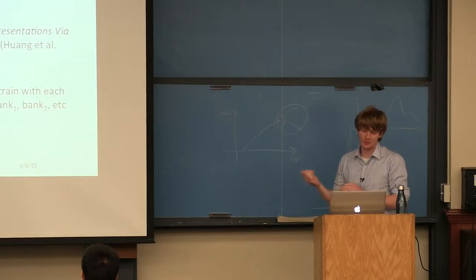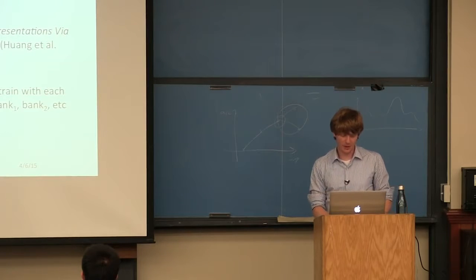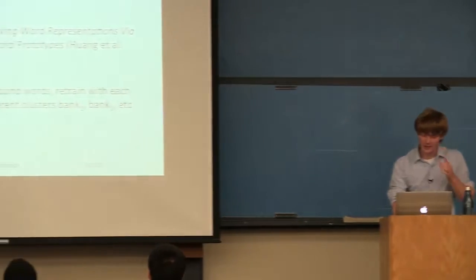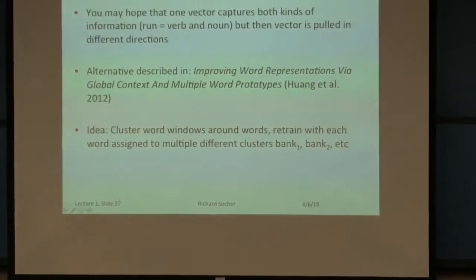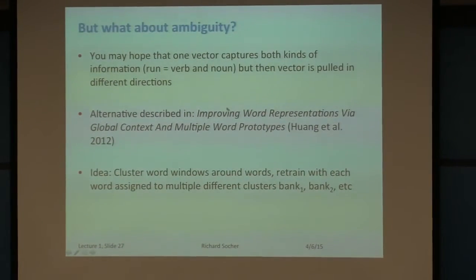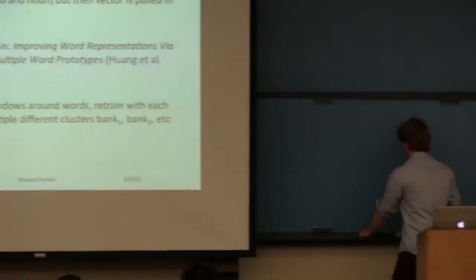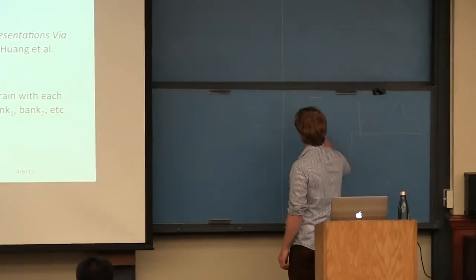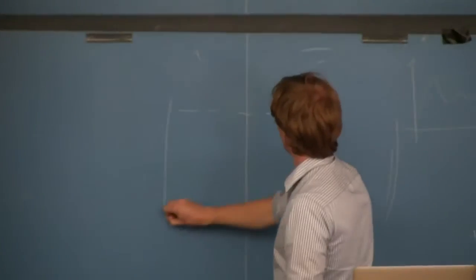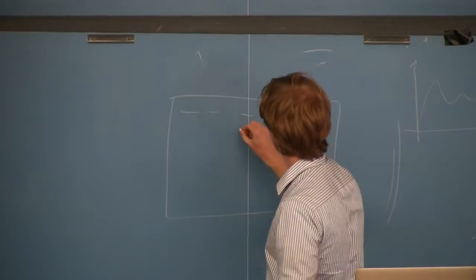Another option, which we explored with Eric Huang, who's now a PhD student here at Stanford, me and Chris Manning, is basically to improve these word vector representations by having multiple word prototypes. So what we can do is basically concatenate all the word vectors that we have from a first system, and then do that for basically all the words.